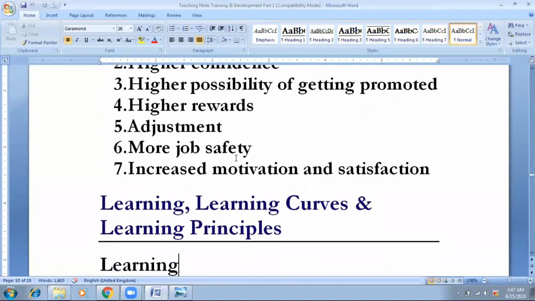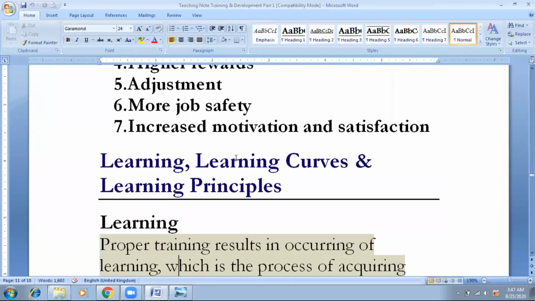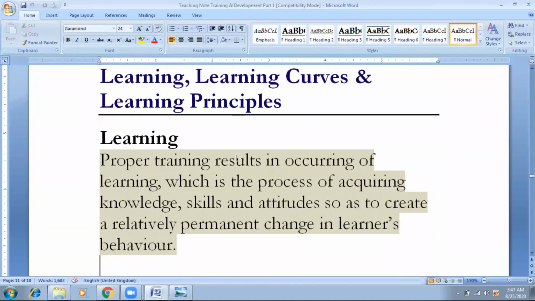Now, learning curves and learning principles. I told you that training and development involves giving new learning.